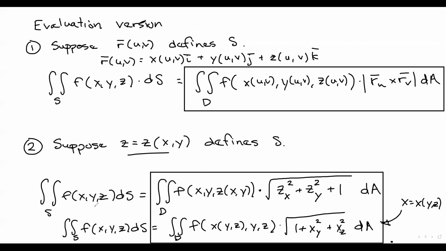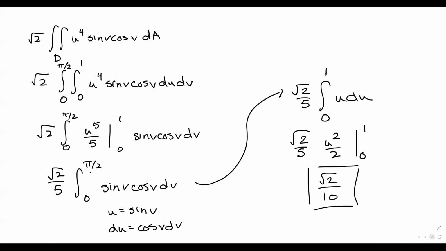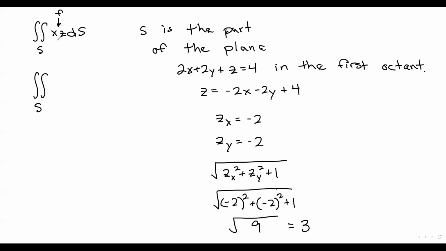So we've got x, y, and then we use the surface definition to turn z into x's and y's. So we'll have x, and then negative 2x minus 2y plus 4 in place of the z.